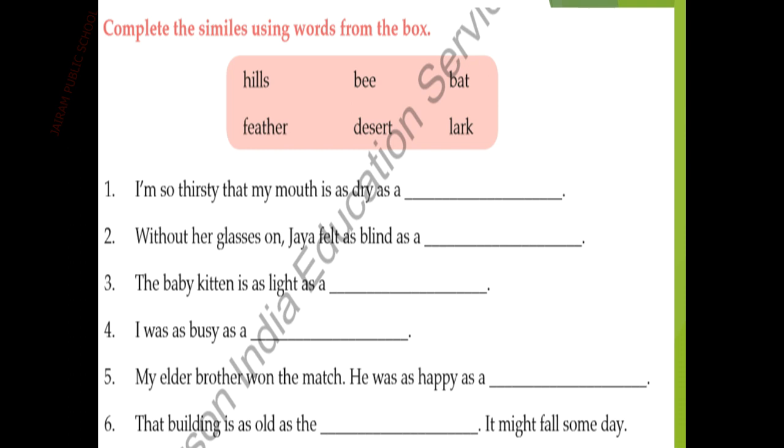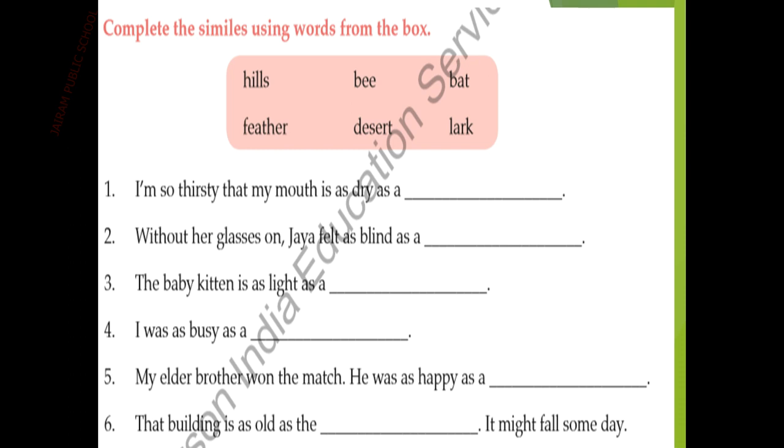Number 4. I was as busy as a dash. Absolutely, the answer is bee. I was as busy as a bee, which is flying very fast and always busy collecting the honey. Number 5. My elder brother won the match. He was as happy as a dash.